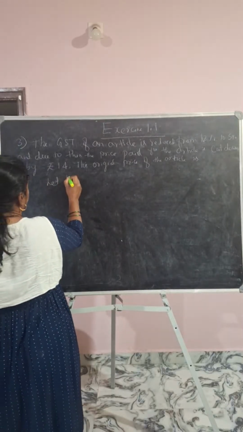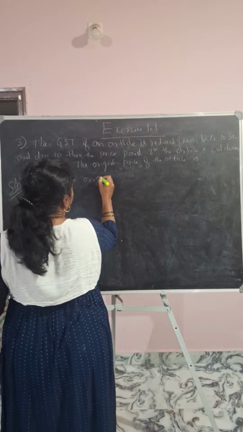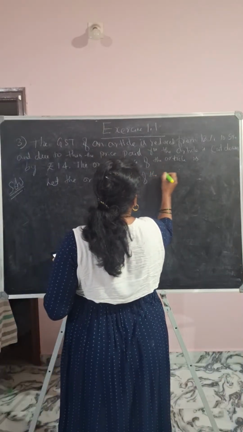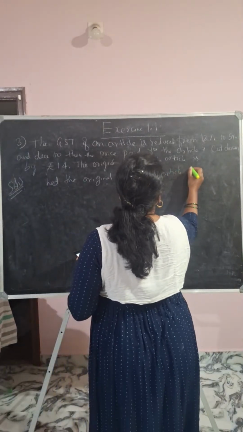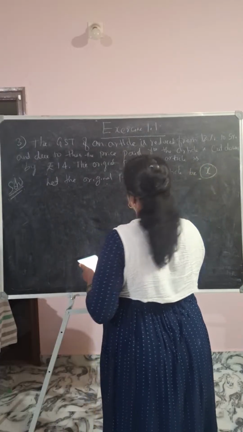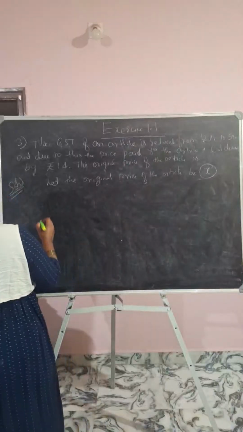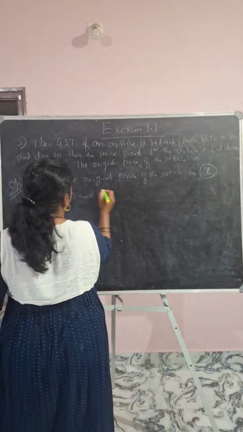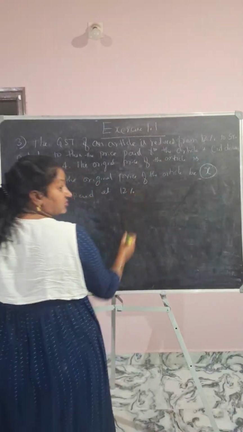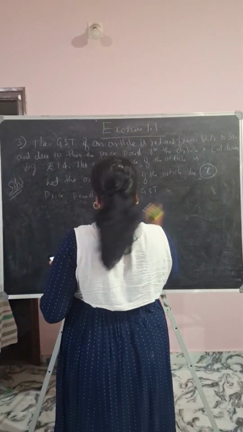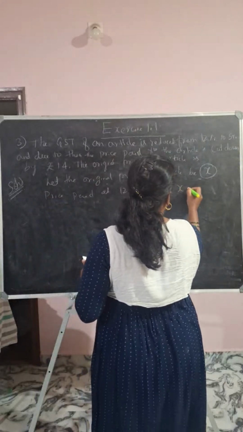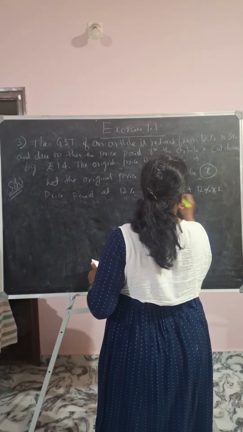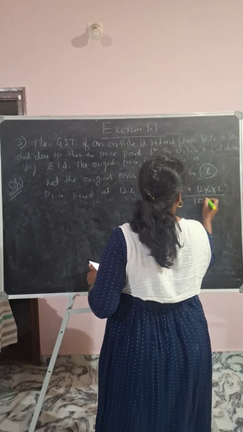So let the original price of the article be X. So price paid at 12% GST is equal to X plus 12% of X divided by 100.